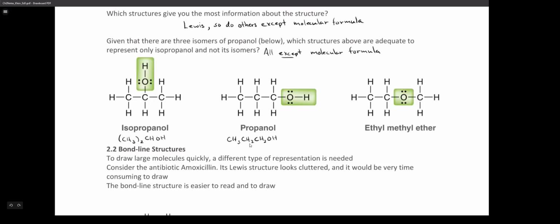You do the same thing for every element except hydrogen. So if there was a nitrogen, you could say NH2 and then what's bonded to it next, etc. Unfortunately, there's not a consistent way. If there was a way I could say always do this step and then the next step, then I would, but it's something you just figure out as you go.